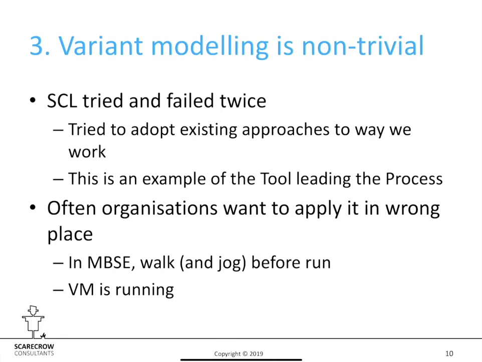And of really major importance is to remember that because it is non-trivial in terms of some of the concepts and what you're trying to do with variant modeling, in terms of our MBSE evolutionary scale, it's way over, as I said right at the beginning, it's way over on the right hand side.